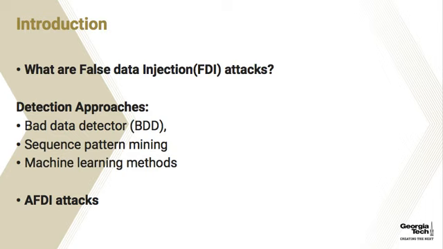So, the authors propose a novel approach on dealing with these attacks and ultimately preventing the attacker's motives. There exist many detection methods today, such as bad data detector, sequence pattern mining, and machine learning methods, and in this paper the authors apply a machine learning technique to their approach called K-nearest neighbor.